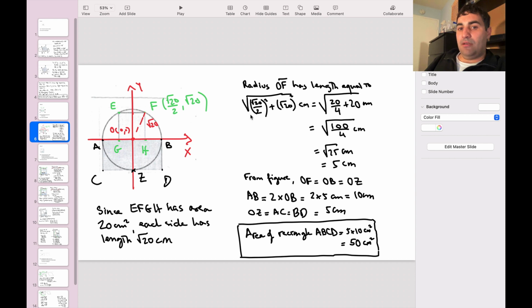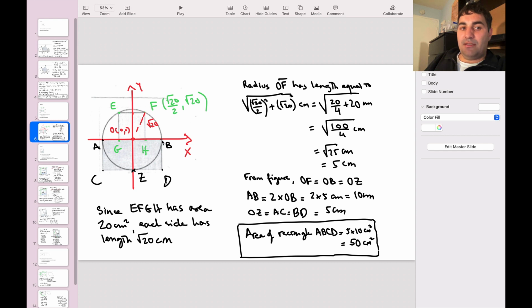So we can use the Pythagorean theorem to get that radius OF has length 5 centimeters. So we know from the figure OF equals OB, which is equal to OC, sorry, OZ.